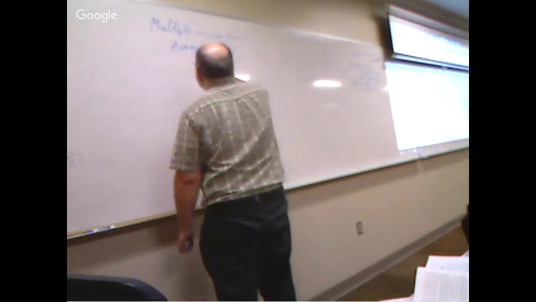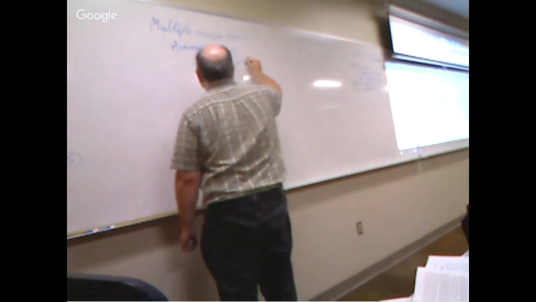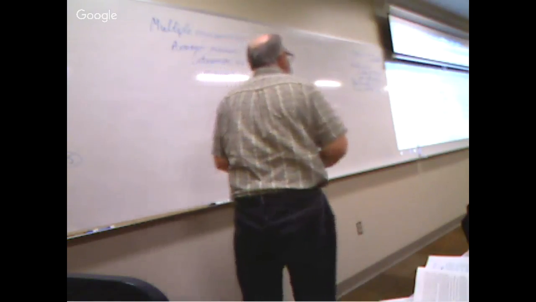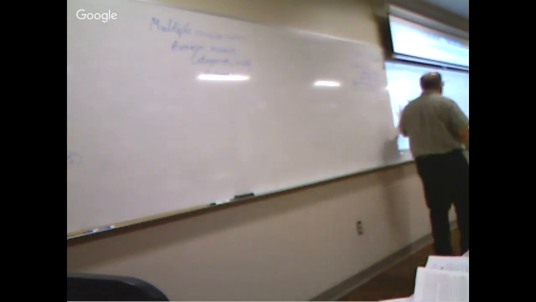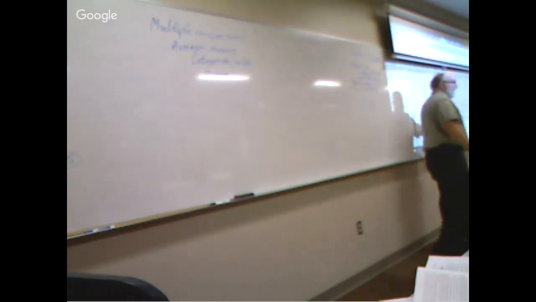We have categories with averages or means. So at this point, I'm not just saying what's the average for this college. I'm asking the question, what are the averages for all three of these colleges?